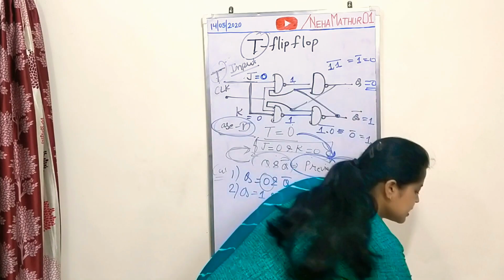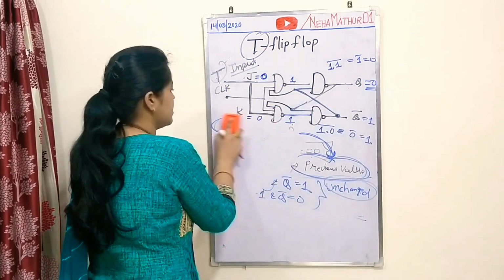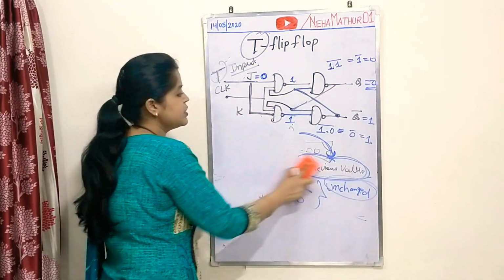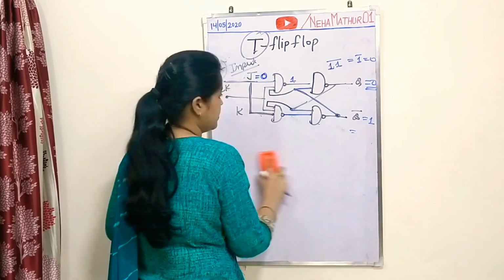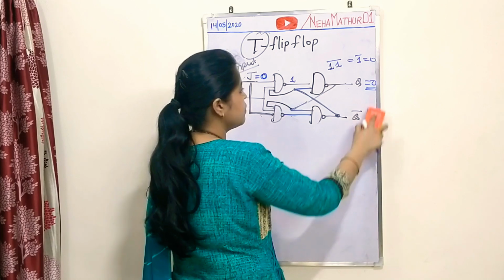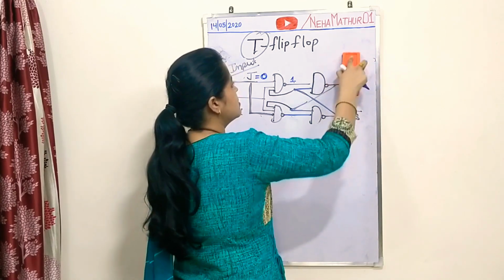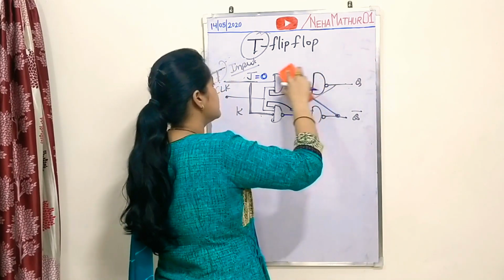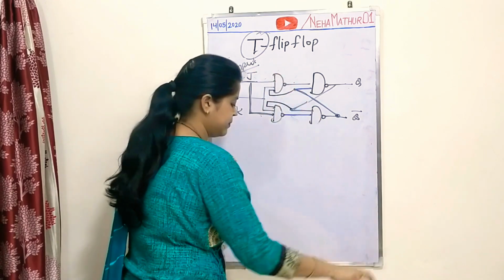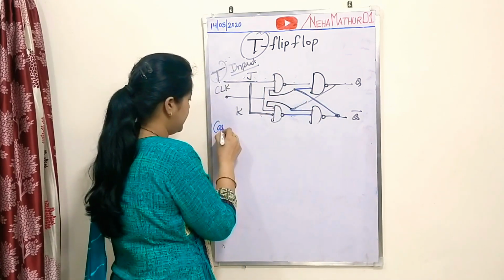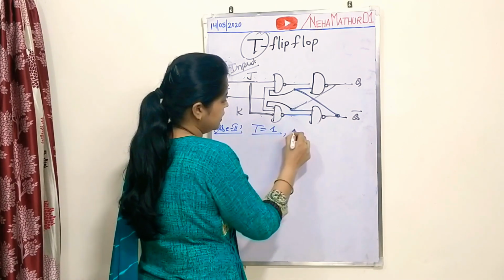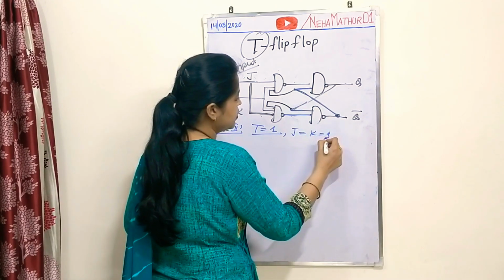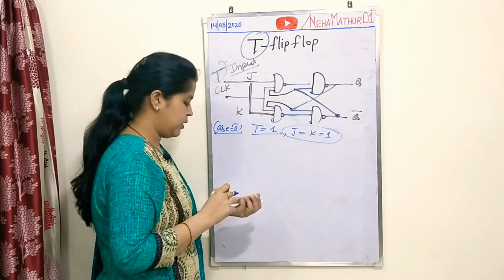Now come to the second case. Second case, in which your T is equal to 1. That means if T is equal to 1, your J is 1 and your K is also 1. Case second, when T is equal to 1, that means your J and K both are 1.